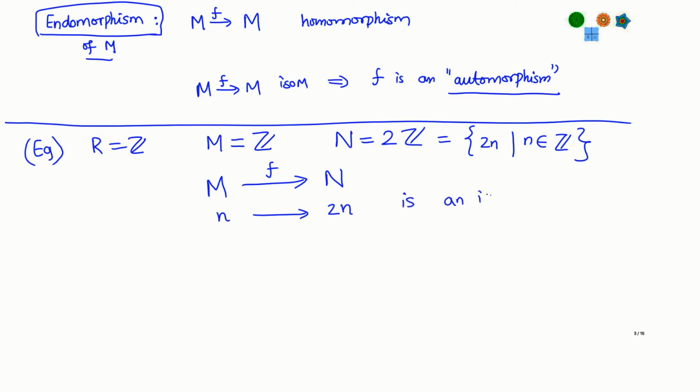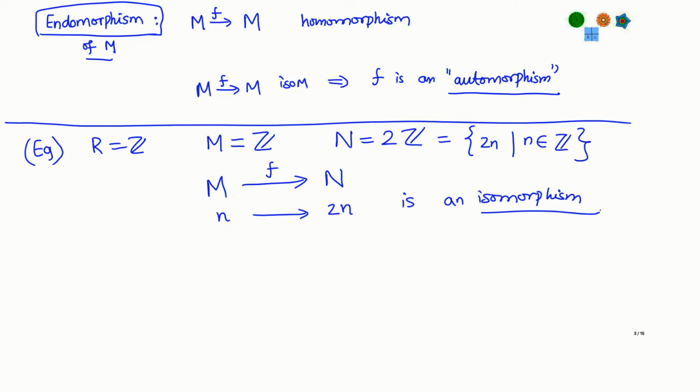This is an isomorphism of Z modules because, firstly, it's a bijection: it's clearly one-to-one, and it's onto because all even numbers occur here. And it's a homomorphism of Z modules because, recall, we said before, a homomorphism of Z modules is nothing but a homomorphism of abelian groups, and this is of course a homomorphism of the underlying abelian groups Z and 2Z.